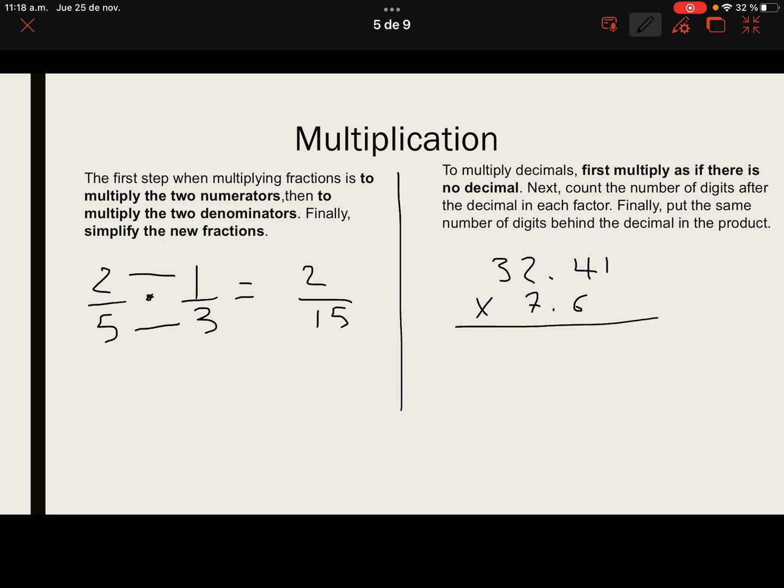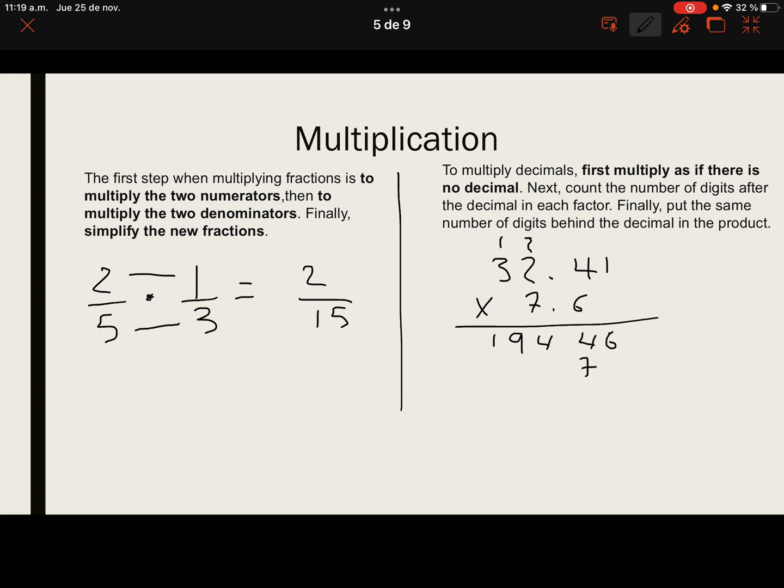Then 6 times 1 is 6. 6 times 4 is 24. 6 times 2 is 12, plus 2 is 14. 6 times 3 is 18, plus 1, 19. Now with the next number, 7. 7 times 1 is 7.